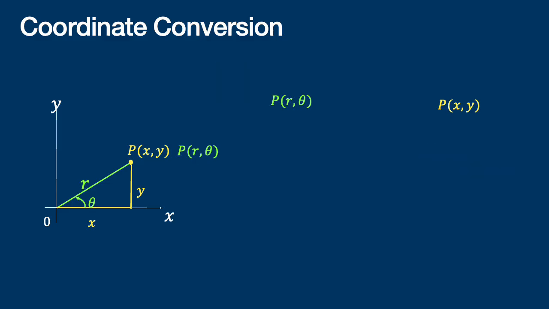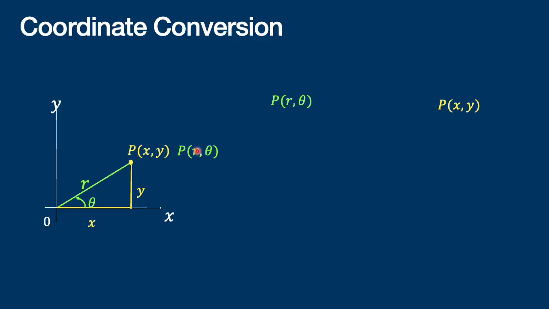Let's just summarize the coordinate conversion here, guys. This is the coordinate plane. P represents the rectangular coordinate.